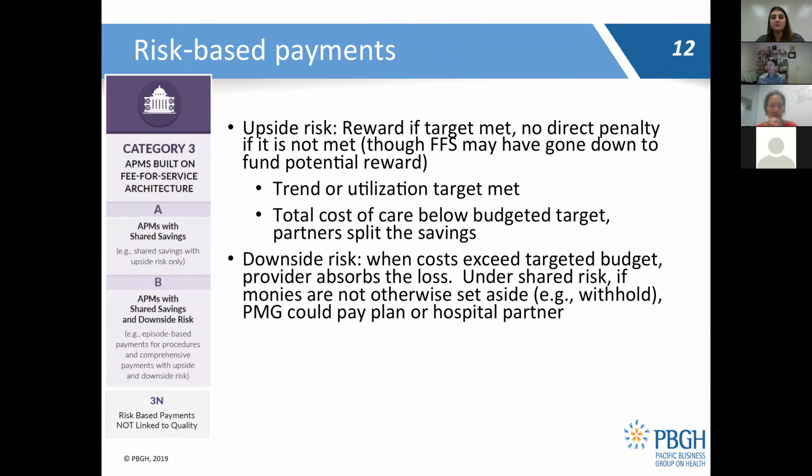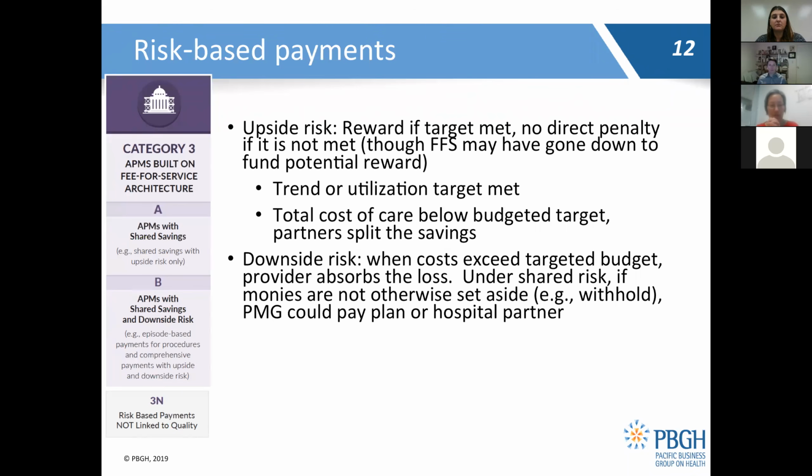If the total cost of care is below a budgeted target, the groups may split the savings, or in some cases, the savings may be allocated based on the portion of the budget that's represented by professional, hospital, and pharmacy and other services.